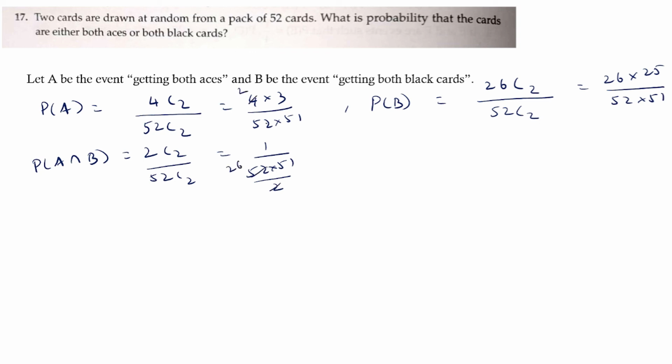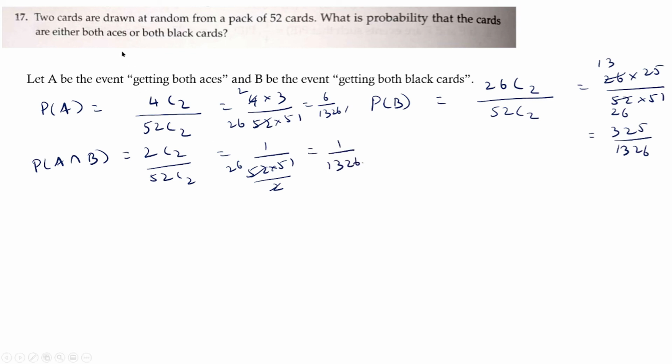So let us keep the denominator as it is so that it will be easy for us to take LCM. So this is equal to 6 by 1326 and this is equal to 325 by 1326. This is 1 by 1326.